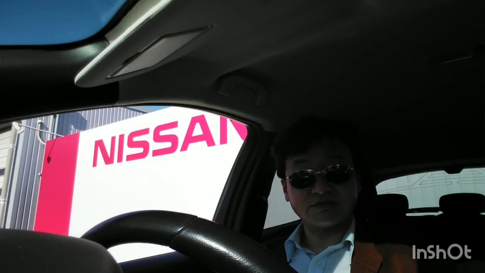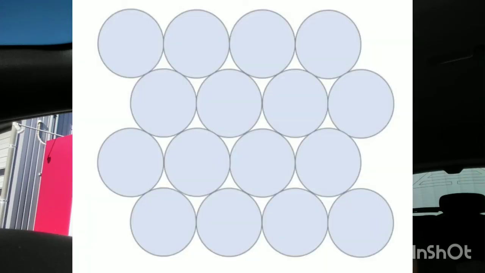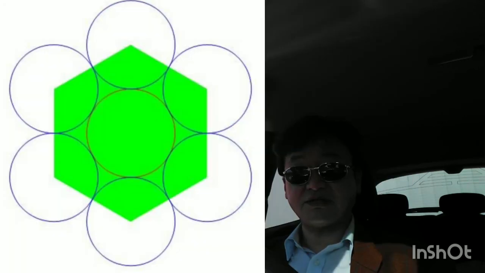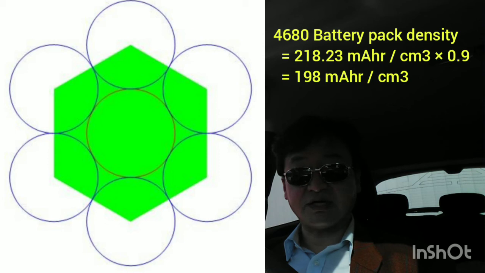But since the batteries are in a face-centered arrangement, it forms a hexagonal unit cell. So the batteries occupy 90% of the volume. So the energy density of this battery pack becomes 198 milliamp hour per cubic centimeter.